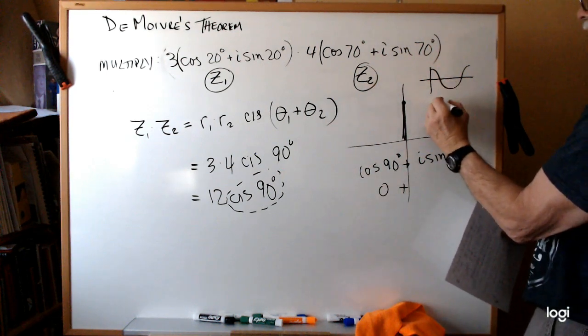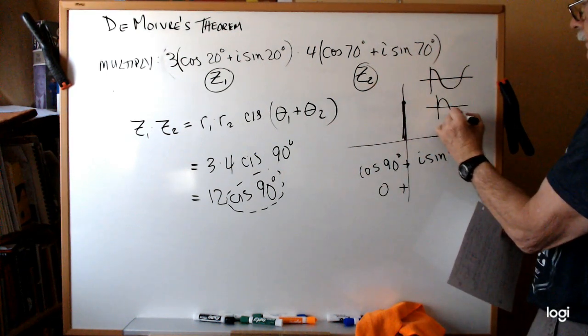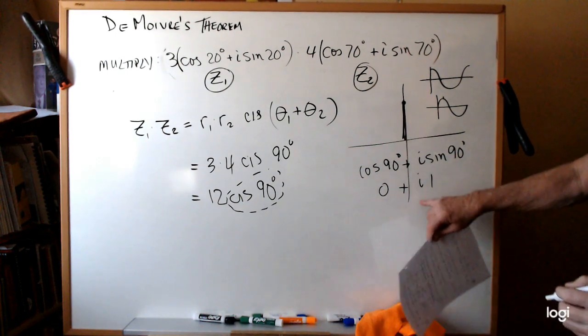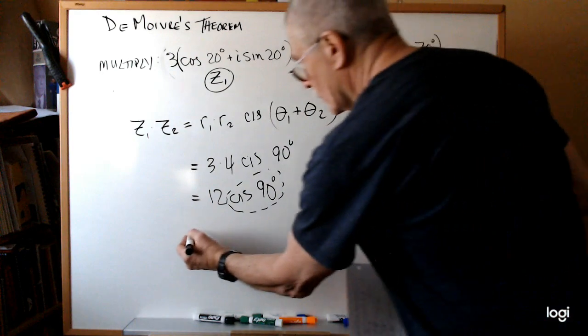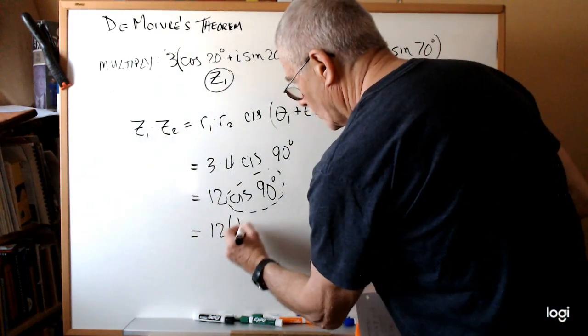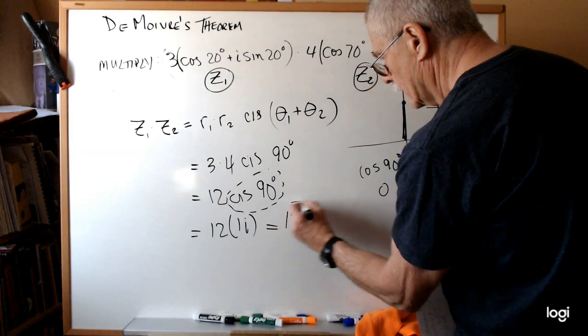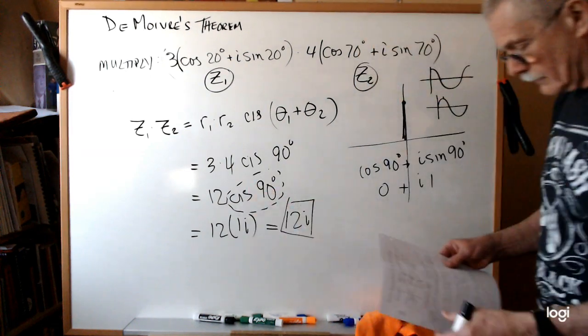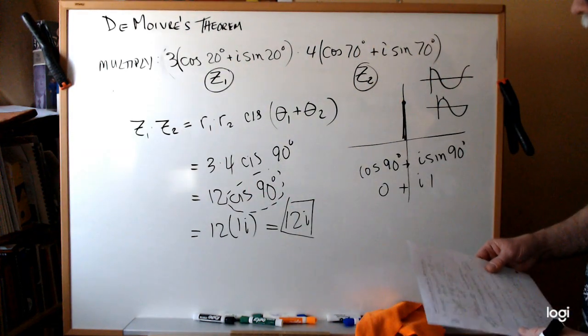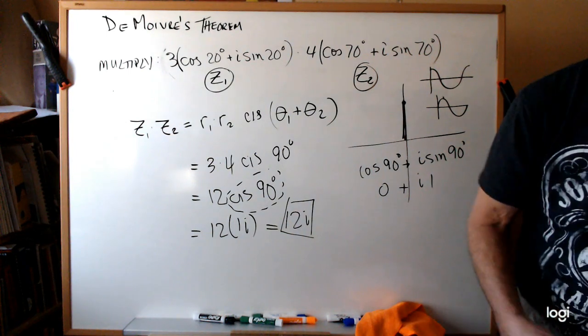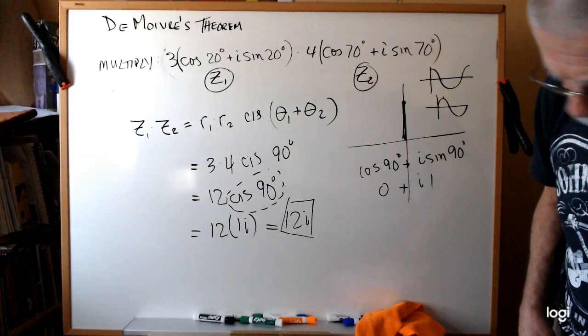And the sine of 90 is 1. So this is 1i. So you get 12 times 1i. The final answer would be 12i. So that's kind of a pretty easy question, using our form of DeMoivre's theorem.